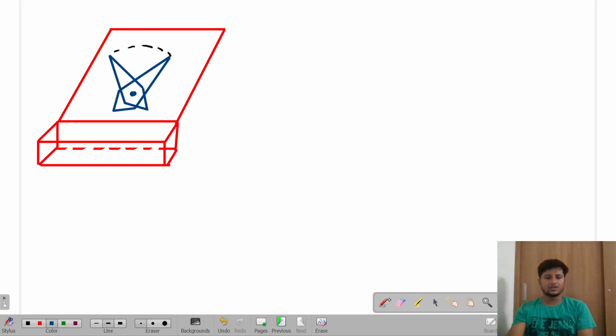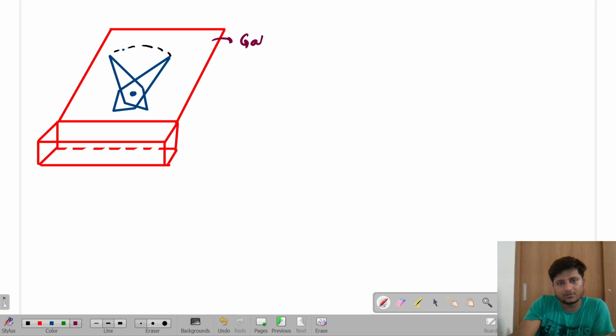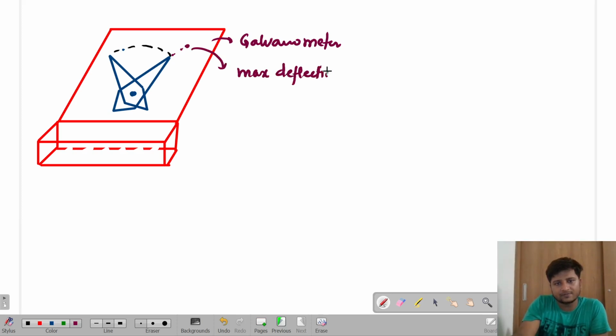Basically this deflection means the galvanometer is measuring some current. So when there is a deflection, it will point at some value of the current. This is my max deflection. When you pass current, the needle is not going beyond that. The value where it points out is called the max deflection current.